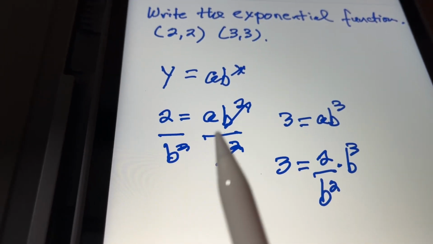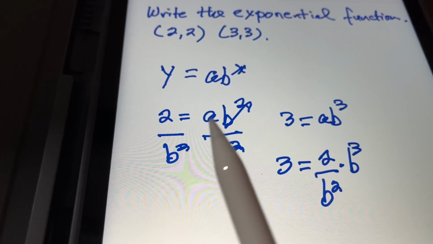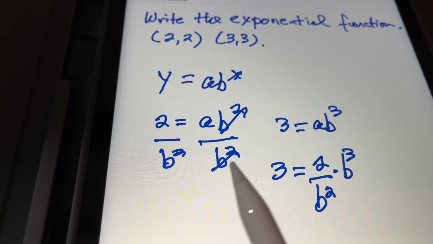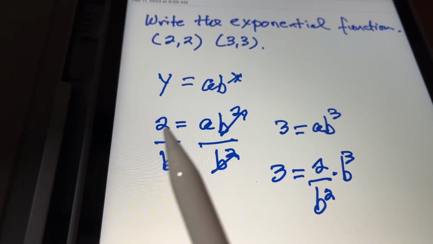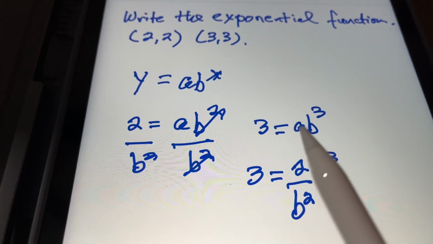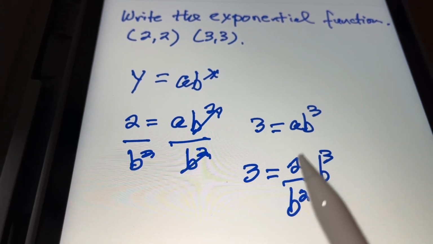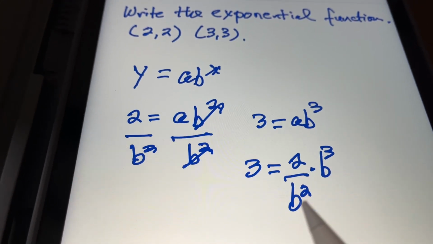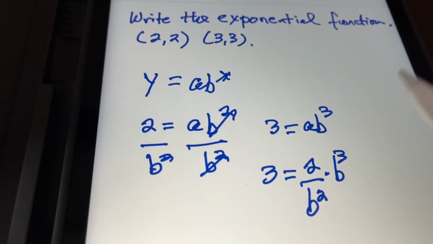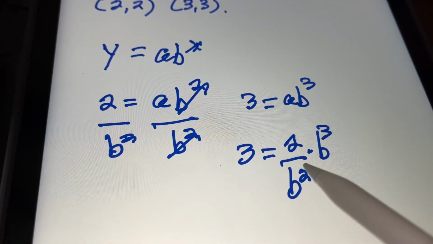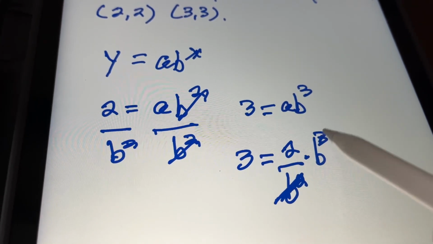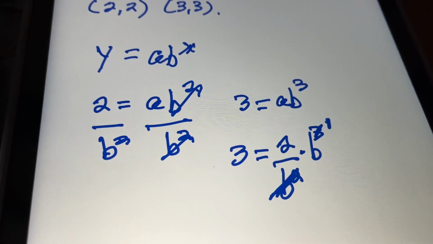Do you see what I did there? I took this equation and solved for a by dividing both sides by b squared. The b squareds cancel, so I see that a is equal to 2 over b squared. So I came over here and put that in for a. Now if I simplify this by canceling 2 of these b's, b squared, with 2 of those, that will only leave me with 1.